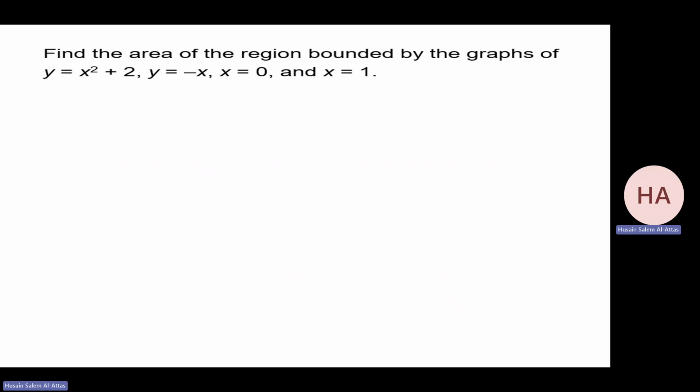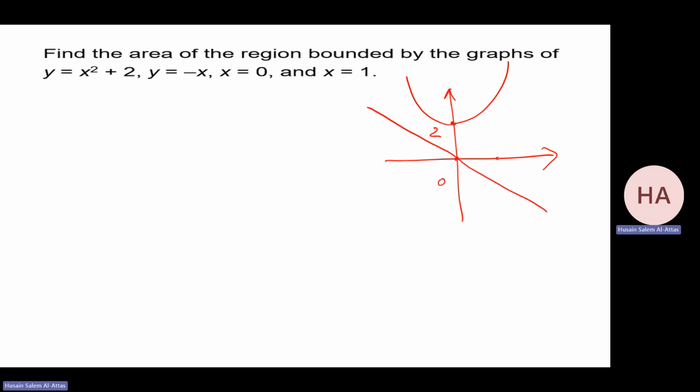Easy example. Y equal x squared plus 2, and y equal minus x. And they want it from x equal 0 to x equal 1.